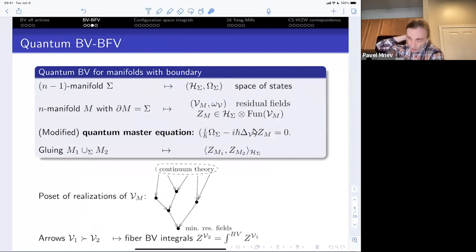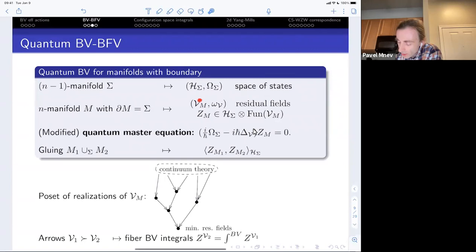So the quantum version of the BV-BFV package is like that. To an n-1 dimensional closed manifold, we would assign a cochain complex, a space of states with a certain differential, denoted here omega, which is the quantum BRST operator. To an n-manifold with boundary, we would assign two objects.